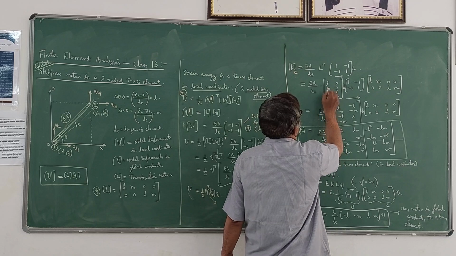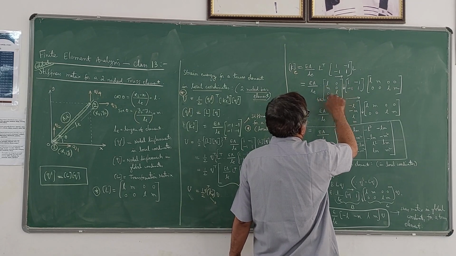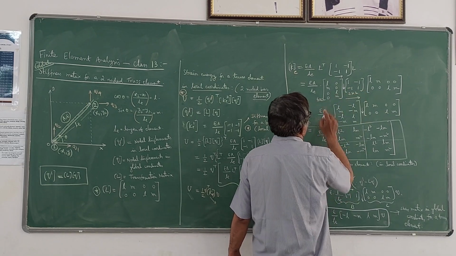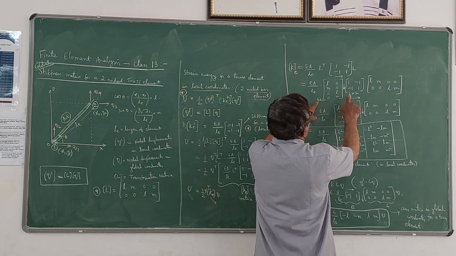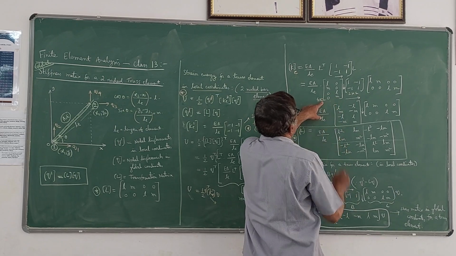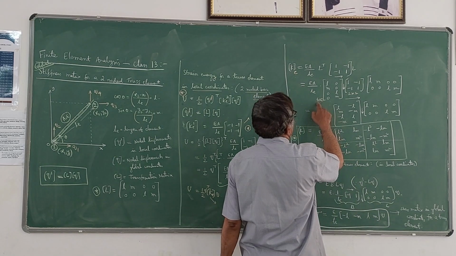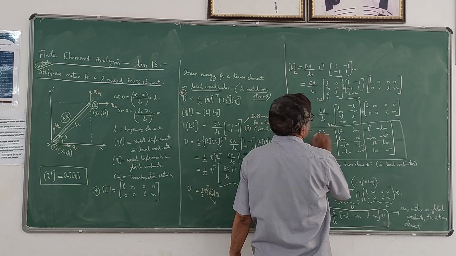This matrix is of the order 4 cross 2, number of rows 4, number of columns 2. This is 2 cross 2. So, you can multiply, and the resultant matrix will be 4 cross 2. The number of columns in the first matrix should be equal to the number of rows in the second matrix, only then can we multiply.